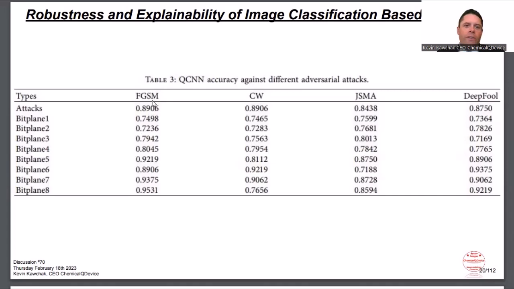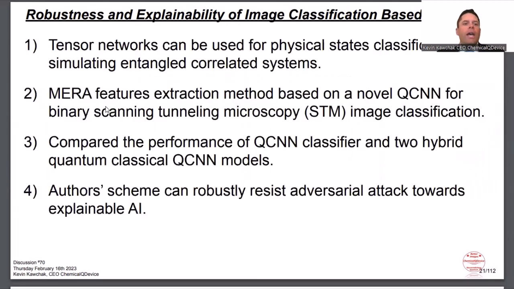So this is a chart that describes the different attacks that you could do, for XAI, and it shows you, at the different bit planes, what the values are there too. And just in summary with this, you have tensor networks, MERA features, so they had to implement that as well. And this is all for XAI.